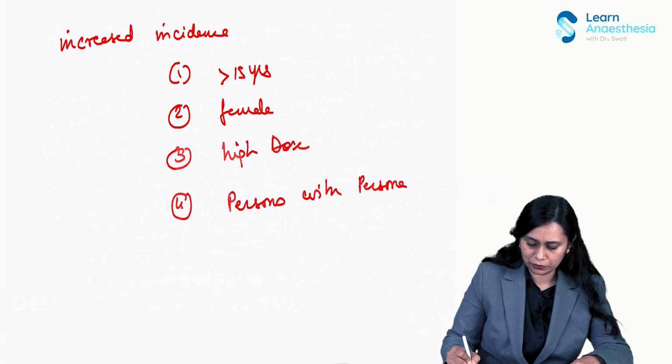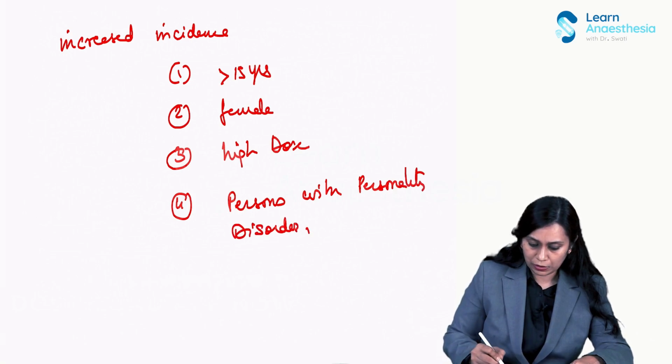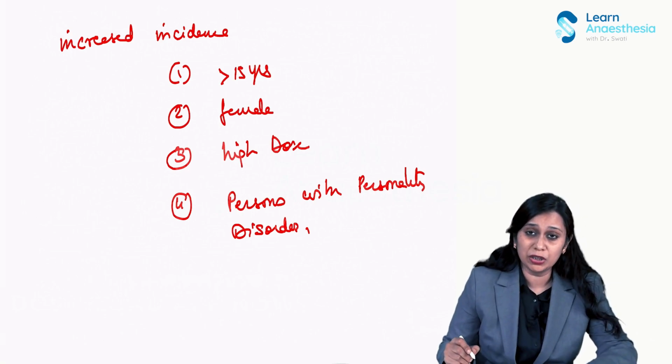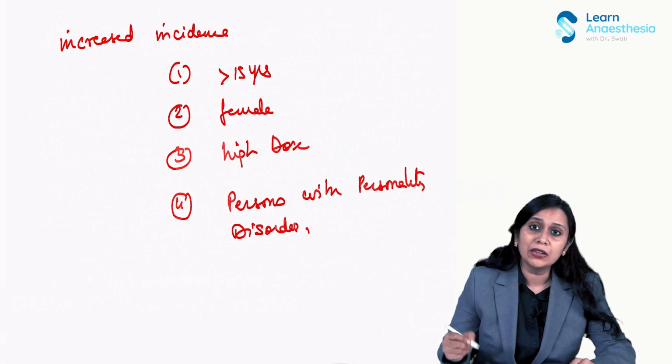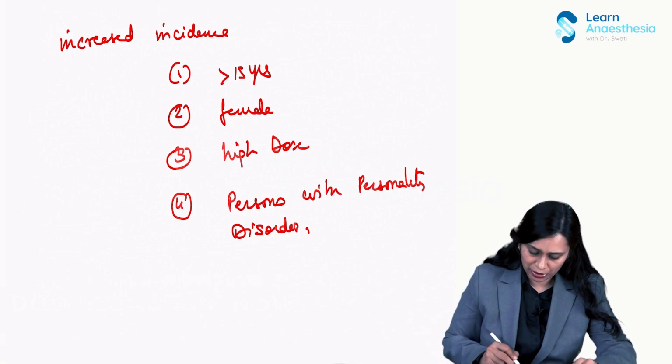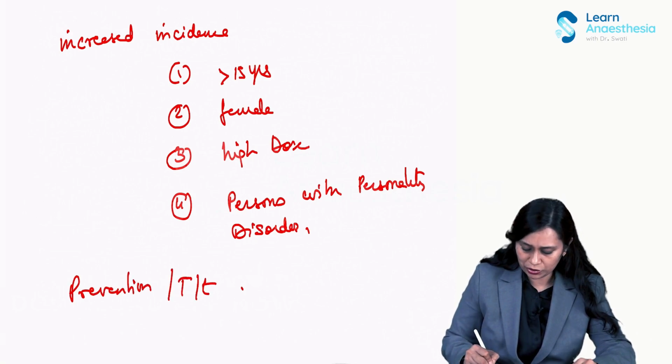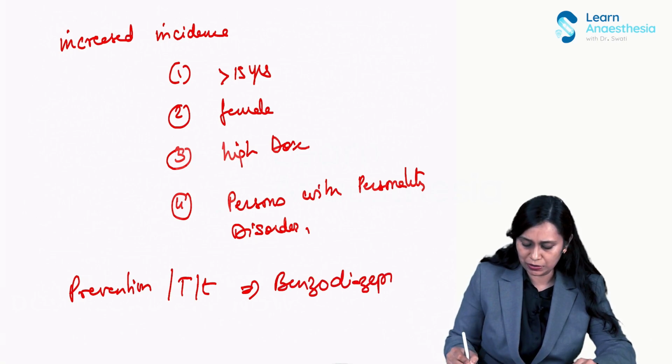So these are the few patients in which ketamine can be associated with emergence delirium. Okay. Then prevention or treatment. Prevention and treatment is same, benzodiazepine.